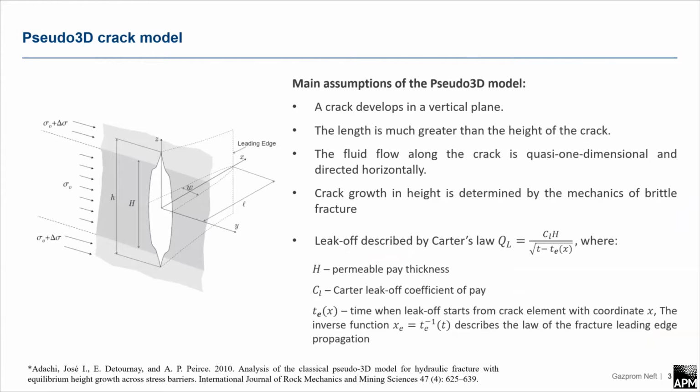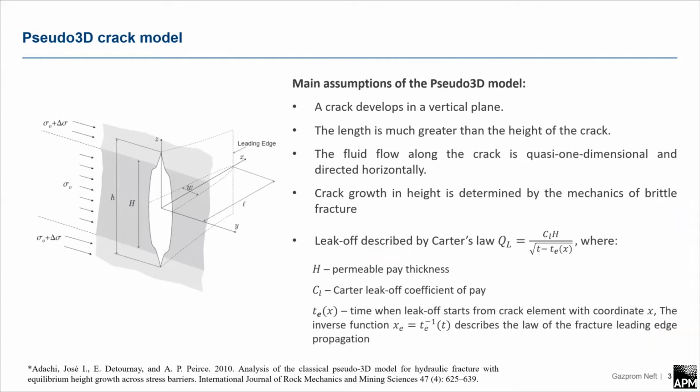First of all, let's talk about the main assumptions of the pseudo 3D model. Firstly, we assume that a crack develops in a vertical plane and the length is much greater than the height of the crack.